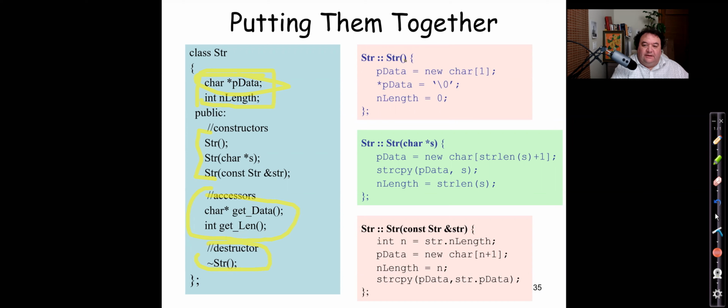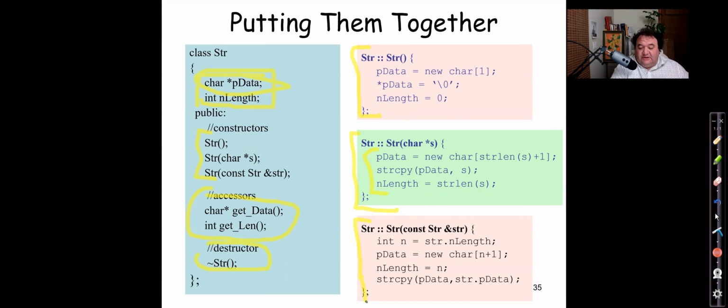So a constructor can be creating a default. When you have an empty string, you still allocate a character with a \0, and we set the string length to 0. We can have a constructor given a pointer to a string, and then we allocate the space, copy the string, and then set the length.